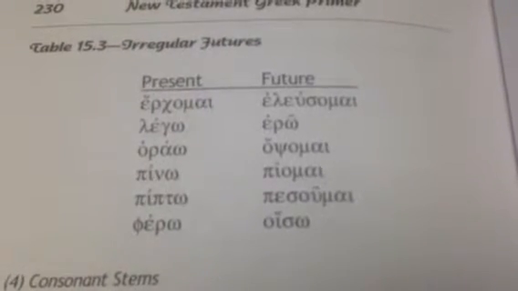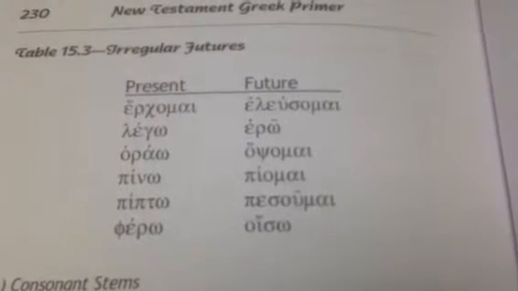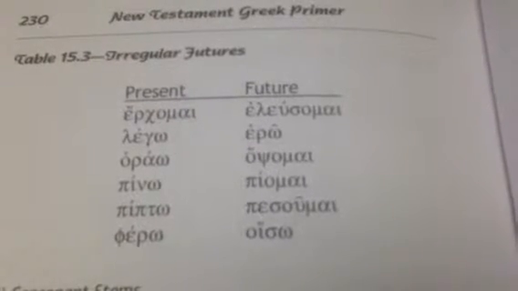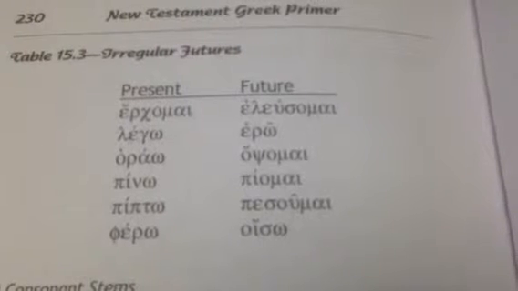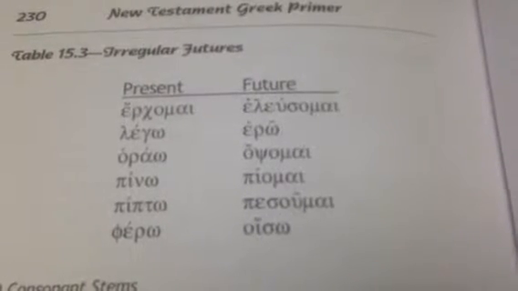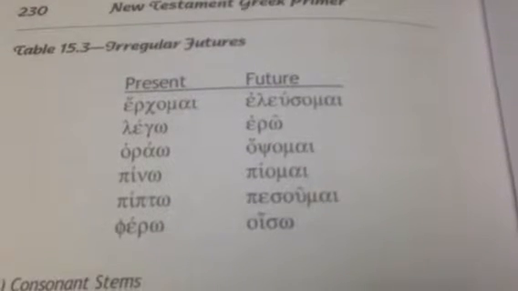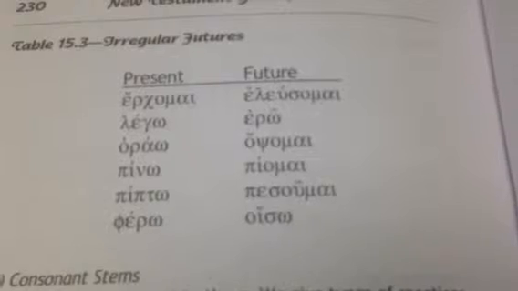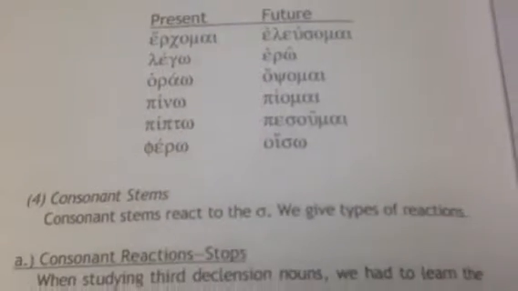So whereas the present for erchomai is erchomai, the future doesn't look one bit like it, eleusomai. Or the present lego, I say, in the future shows up as ero. Horao, opsomai. Pino, I drink, piomai. Pipto, pesoumai, or phero. And then we have oiso.